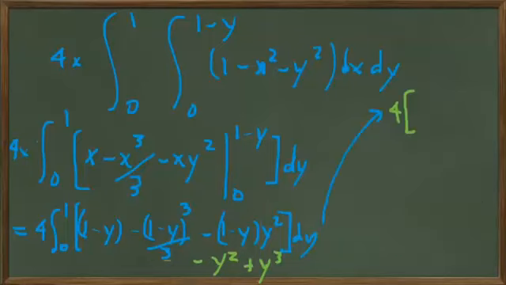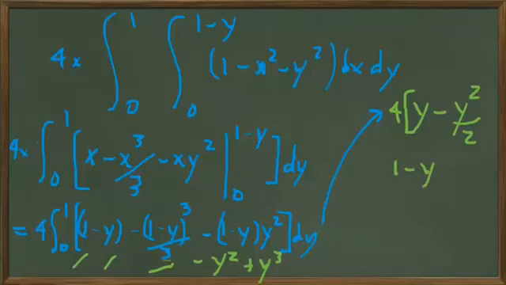So integrating term-wise, we integrate the 1 and get y. We integrate the minus y and get minus y squared over 2. We integrate this term, and we can do it as a group. It becomes 1 minus y raised to the 4th power over 12.